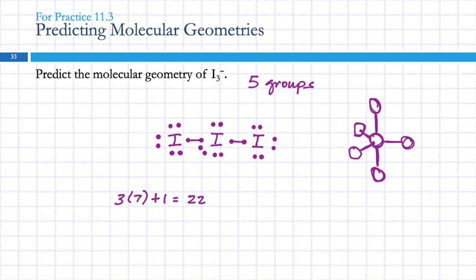But I have some lone pairs. I've got 3 lone pairs, and so I need to make 3 of those into lone pairs. There's more space around the equator, and so that's where the lone pairs are going to be.